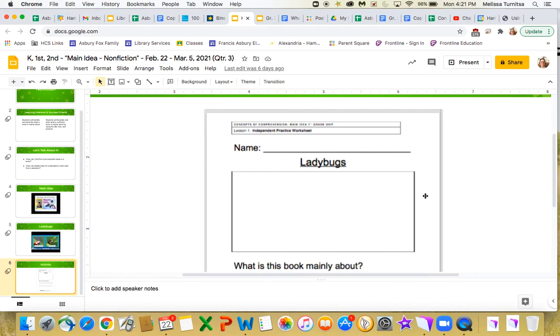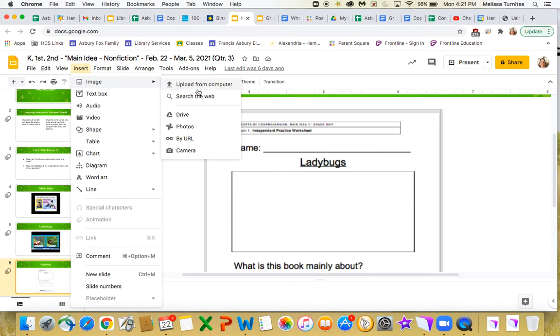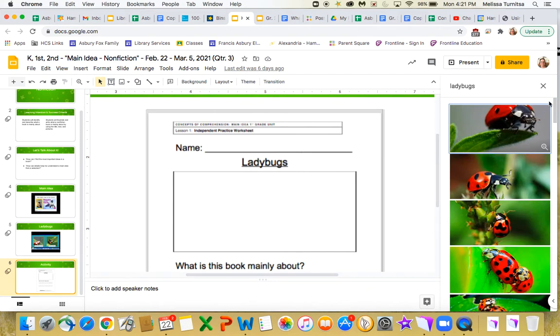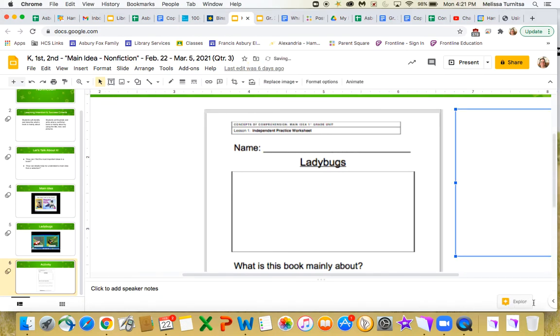So what you're going to do is you're going to draw your own picture of a ladybug. And what Miss T is going to do is, instead of drawing on here, I'm just going to try to find a picture that I can put on my paper.